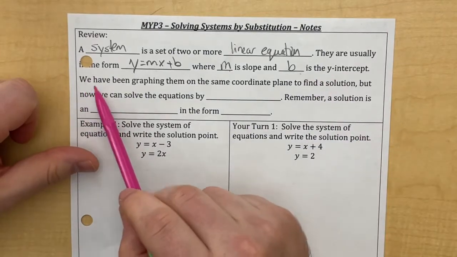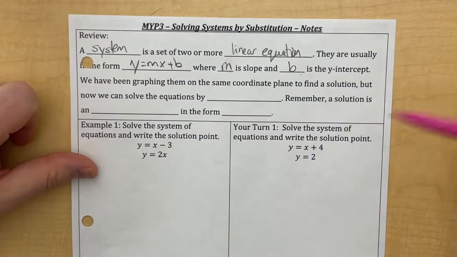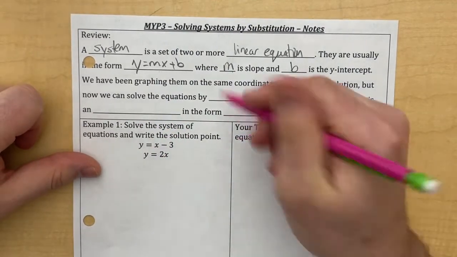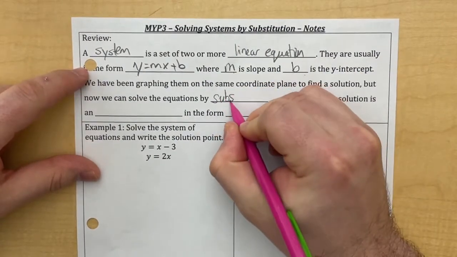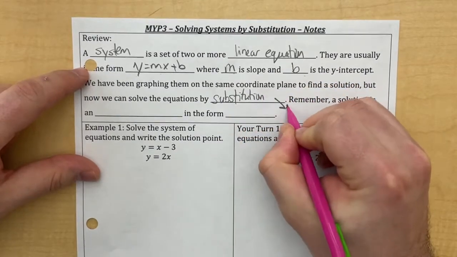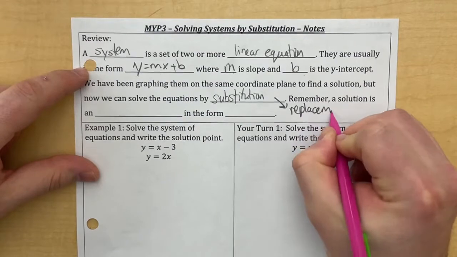We've been graphing them on the same coordinate plane to find a solution. That's where they cross. However, we're going to solve these equations by substitution. What that means is we're going to replace, you'll see what that means.